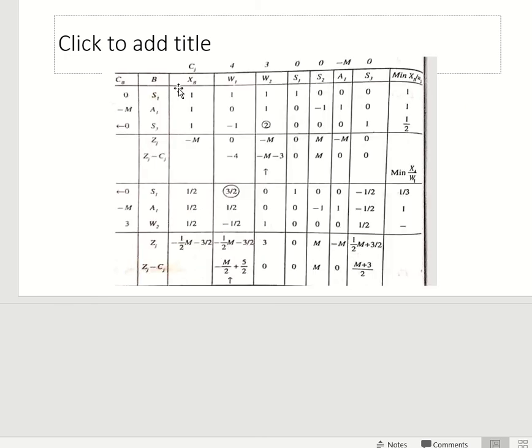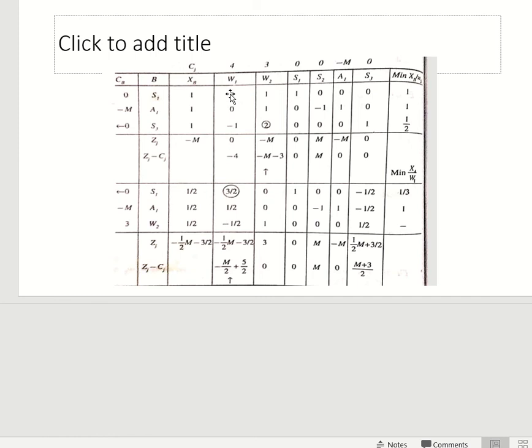Now with the help of this, we have to write Cj, that is all the coefficients of this. That is 4, 3, S1 is 0, S2 also 0, S3 0, but for the artificial variable we have to multiply minus M.